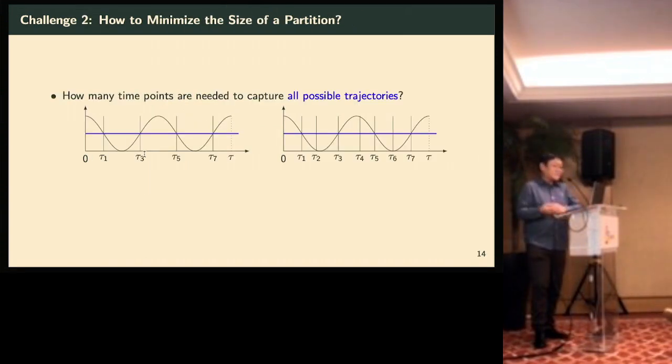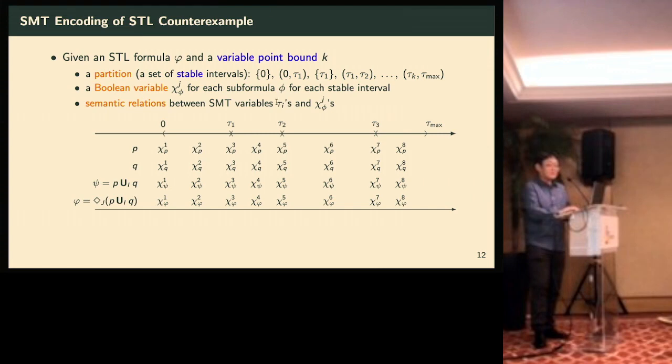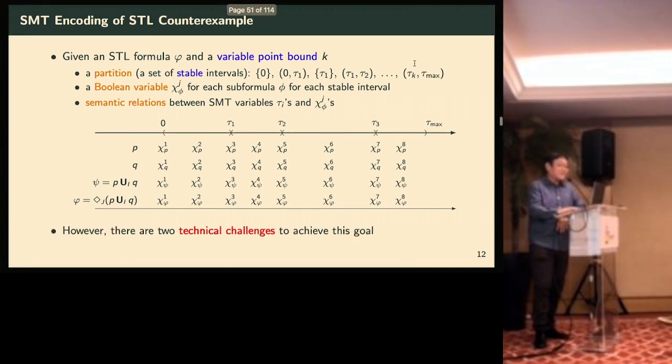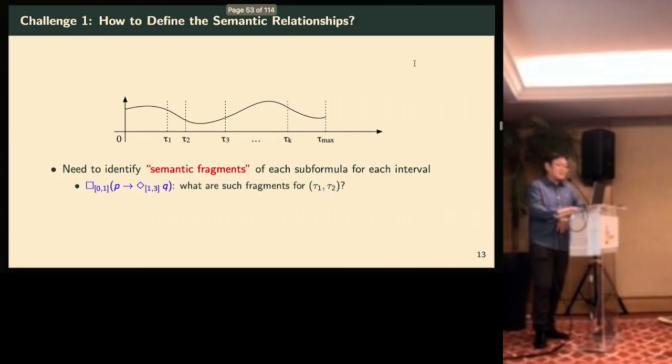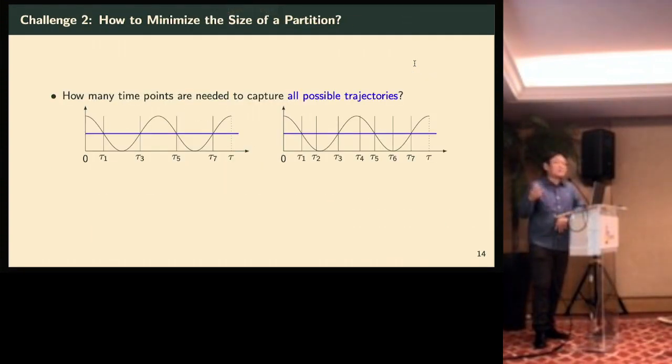And the second one is that the size of the encoding depends on the number of these time variables, right? Having the minimum number of time points, that is, the exact number of variable points, might be ideal, but it's not actually easy. Therefore, typically we need more time variables. It's still sound, but it's not optimal.